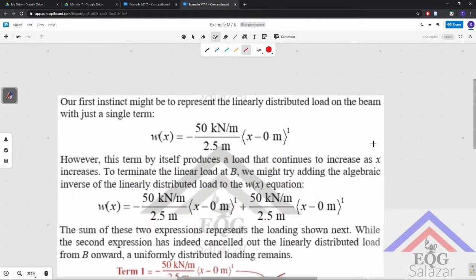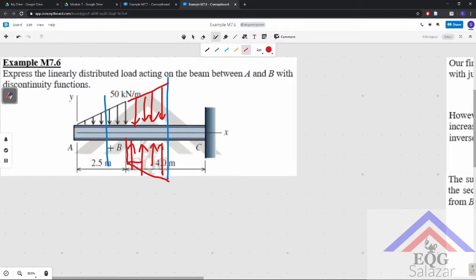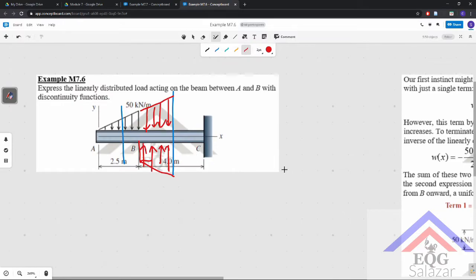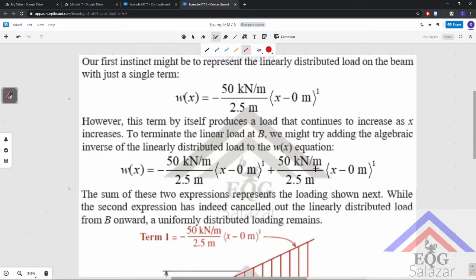So our first instinct would be to represent the linearly distributed load on the beam with just a single term. However, again, when we move on the segment from B to C, there is a discontinuity, and therefore we have to take that into account.